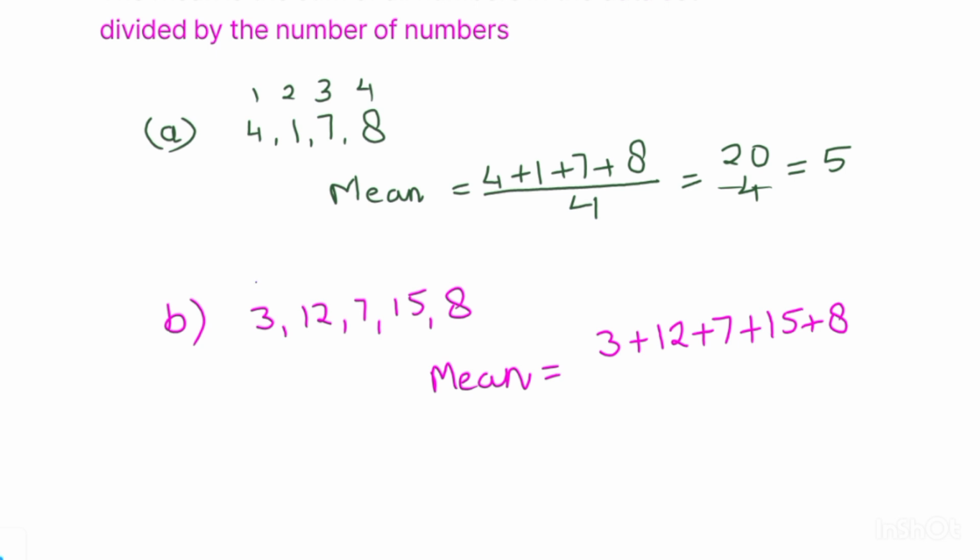How many numbers we have? 1, 2, 3, 4, 5 numbers. So this is divided by 5 and 45 by 5 is 9. So the mean of this data set is 9.